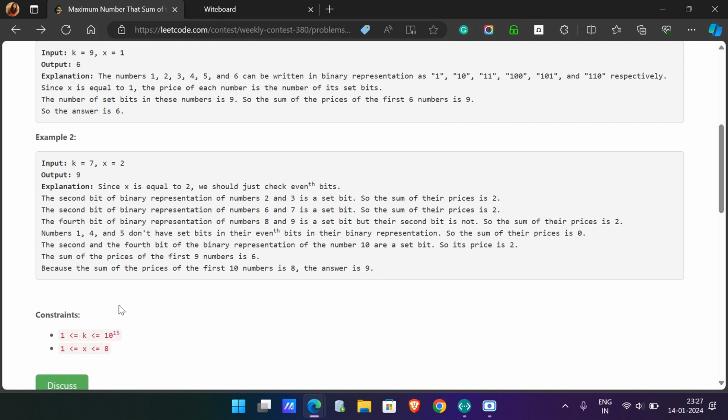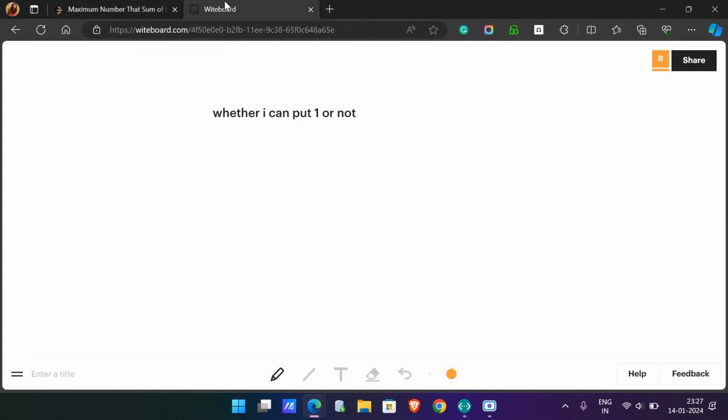So if we look at the constraints, that is 10 to the power 15. So maximum value that we could afford is 2 to the power 50, that is greater than 10 to the power 15. Like the maximum number of digits we can have in the binary representation is 50, because 2 to the power 50 is greater than 10 to the power 15.